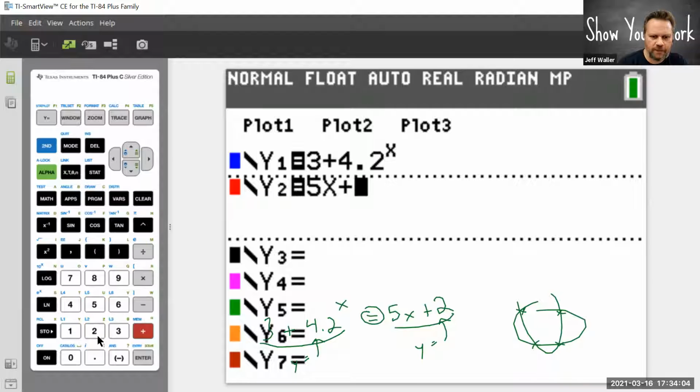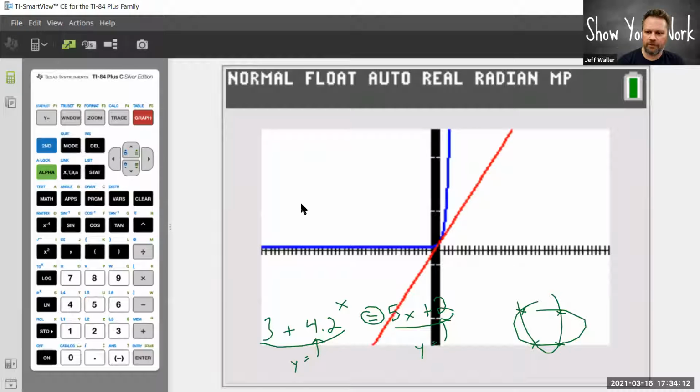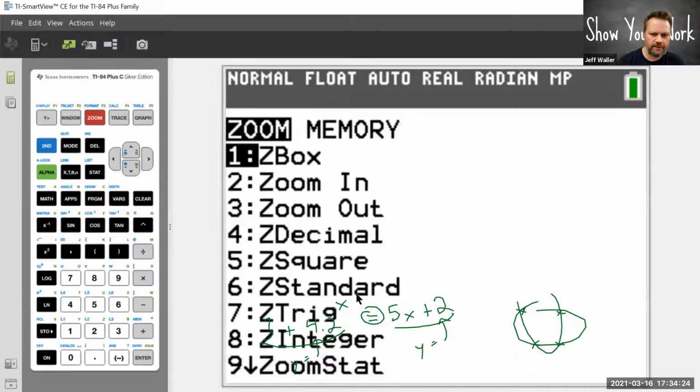Let's see if Jeff made a problem that has an actual answer. Wouldn't that be nice, kids? All right, let's try to graph this. I'm in a really weird window, but I can see it looks like they probably have at least one answer there. Zoom 6 is a great thing to do. Standard window.